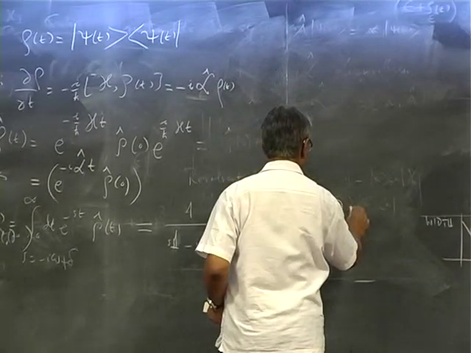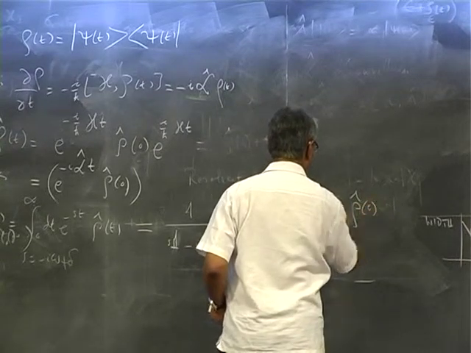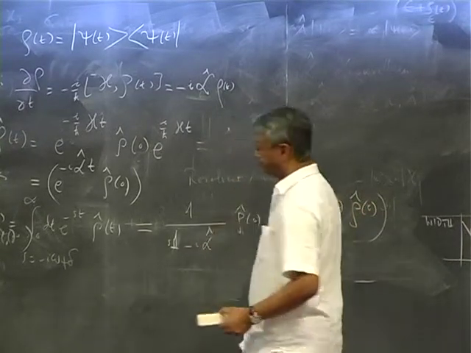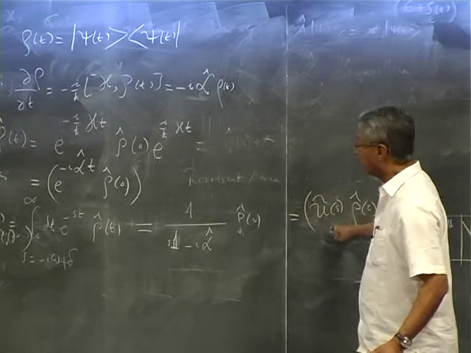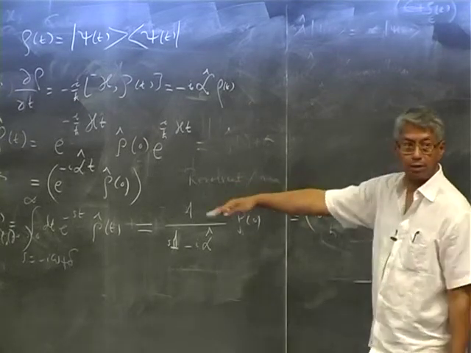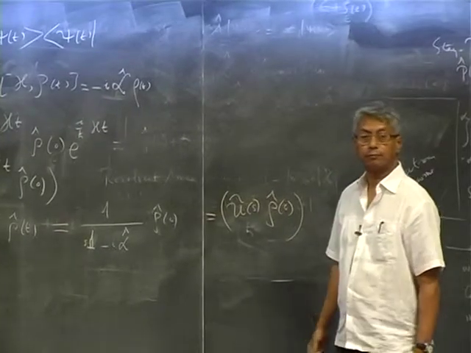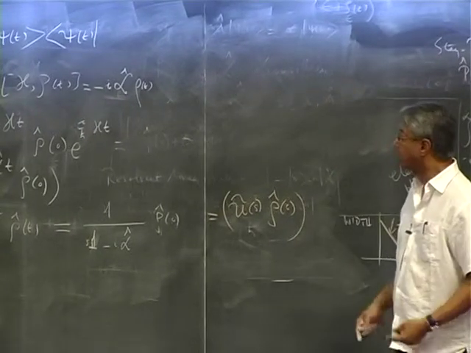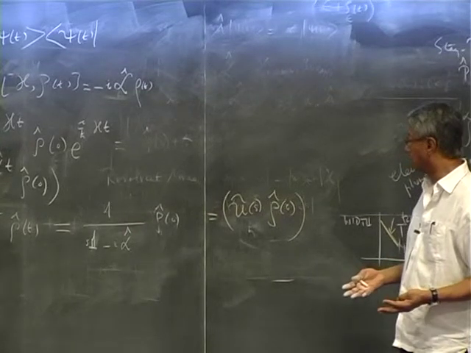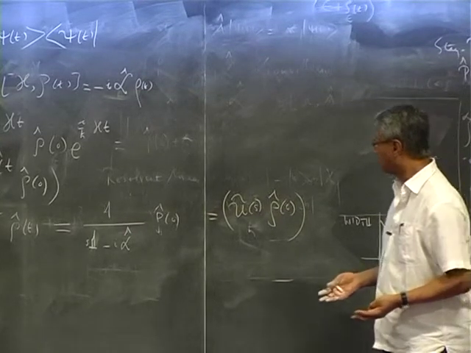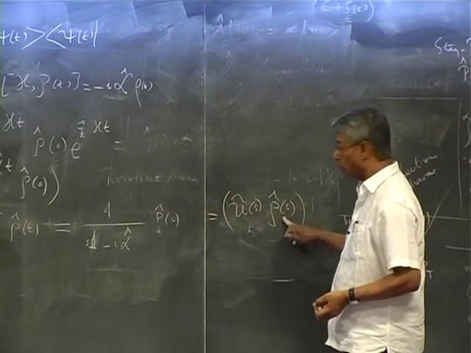U of S operates on rho at time t equal to 0, where U of S has this complicated series on the right-hand side. But eventually you want to do averaging. So what is it that you do here?